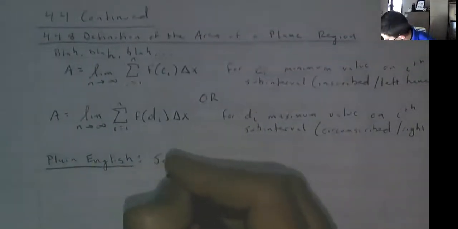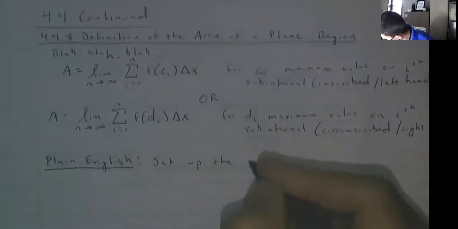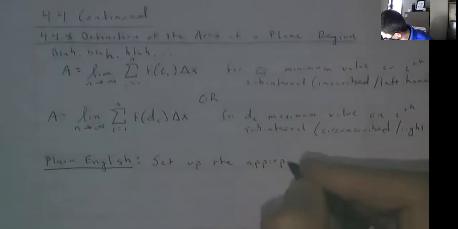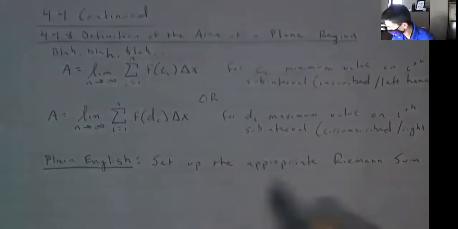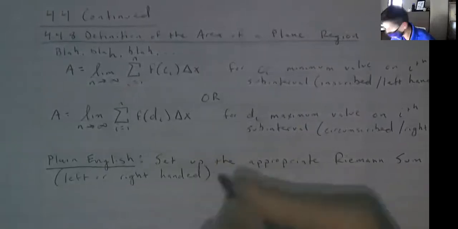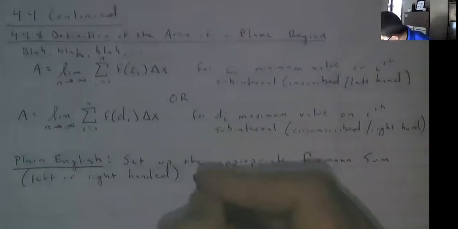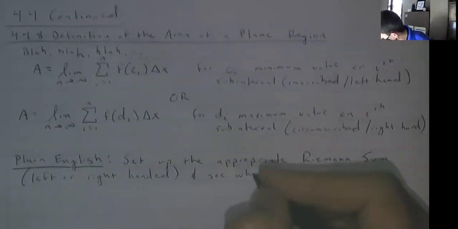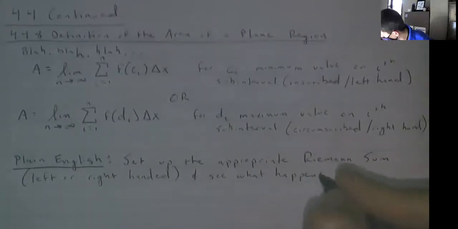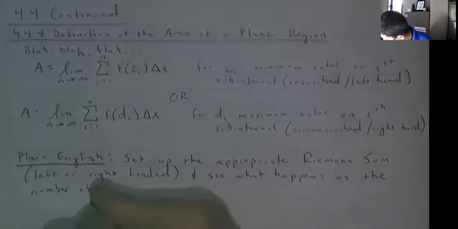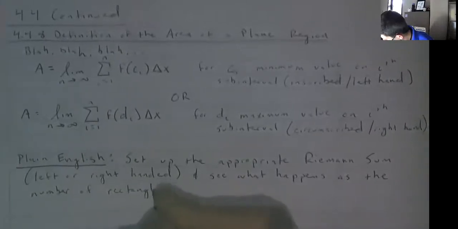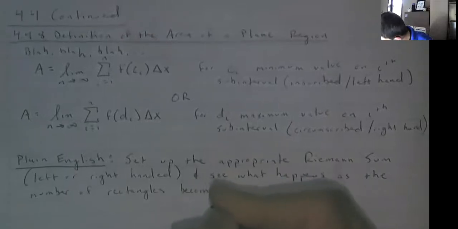Set up the appropriate Riemann sum, meaning left or right-handed, and see what happens as the number of rectangles becomes infinite.